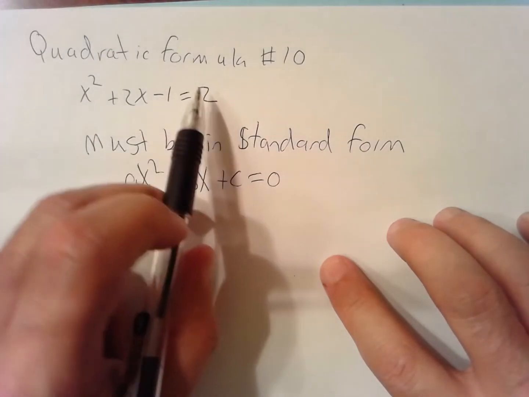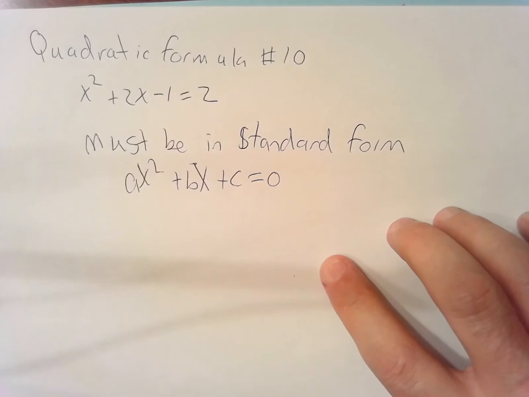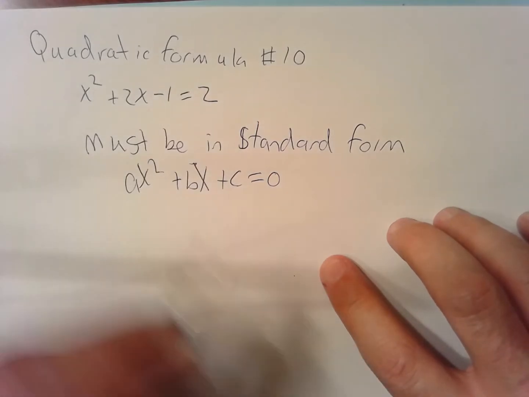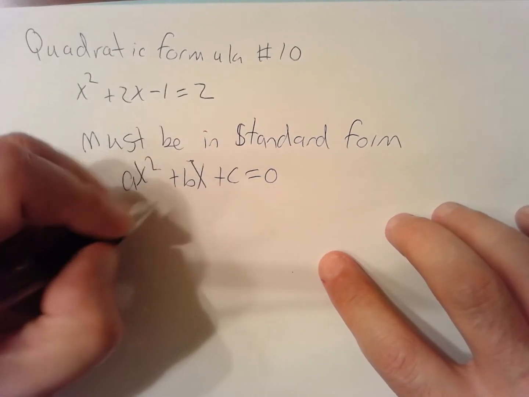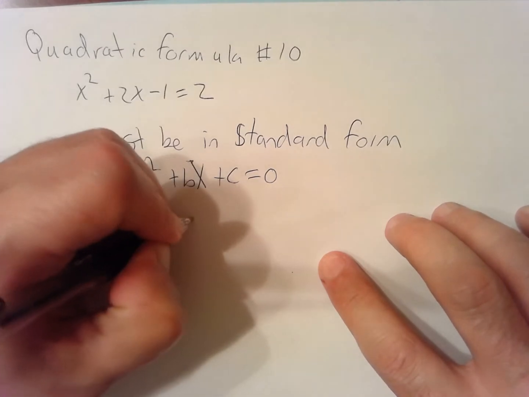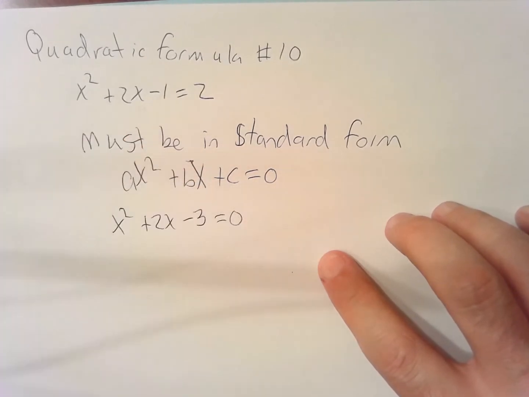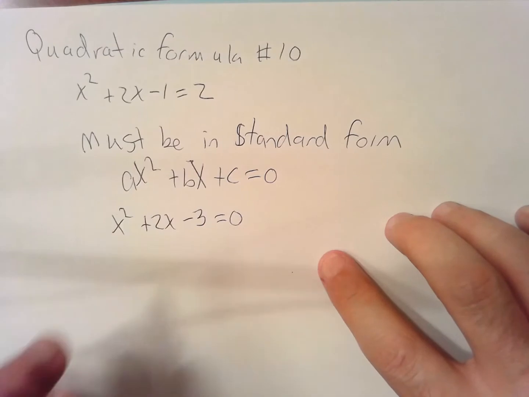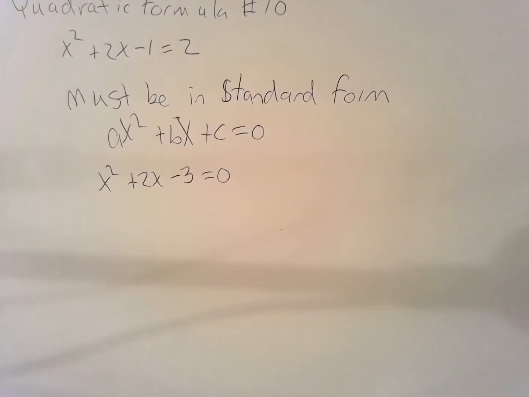You have to have a 0 over here on this side, so we have to move that 2 over and get x squared plus 2x minus 3 equals 0. Subtracted the 2 over.